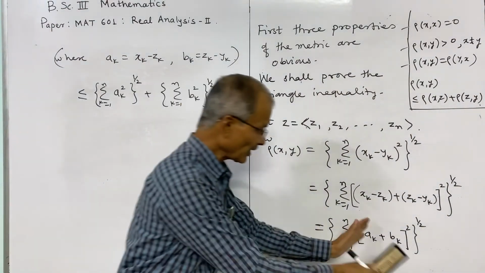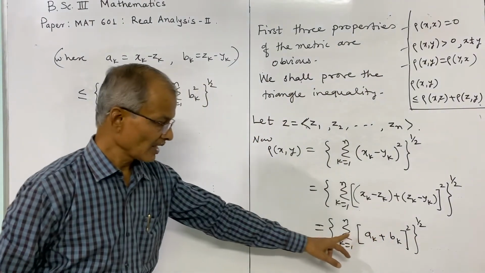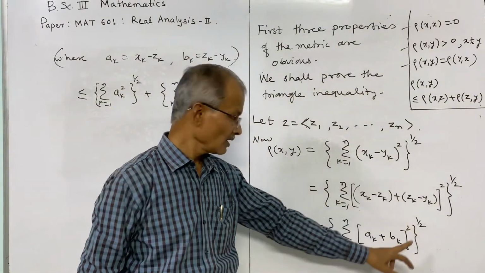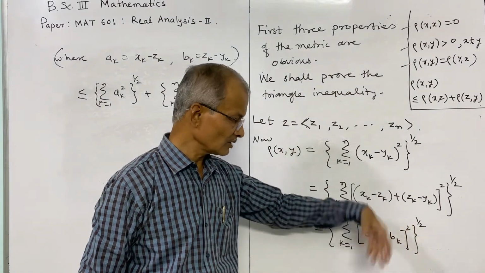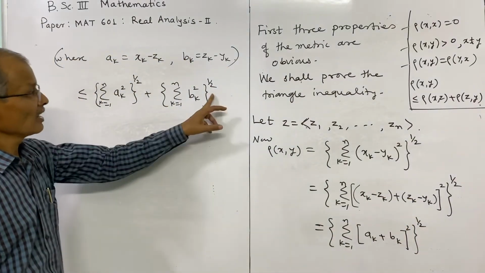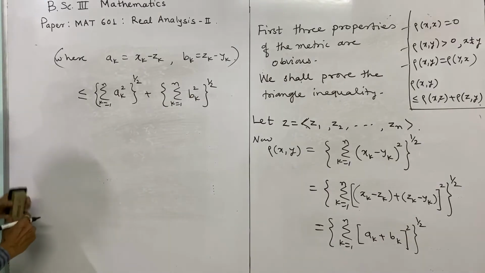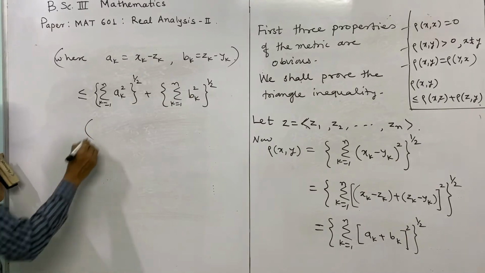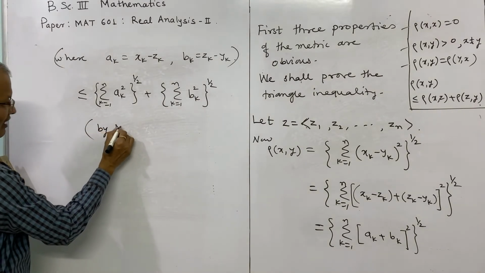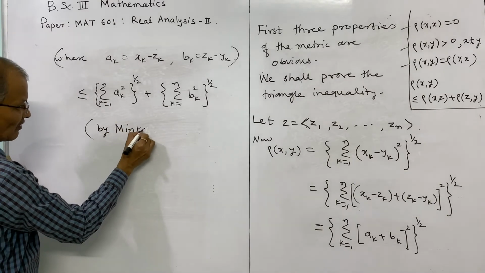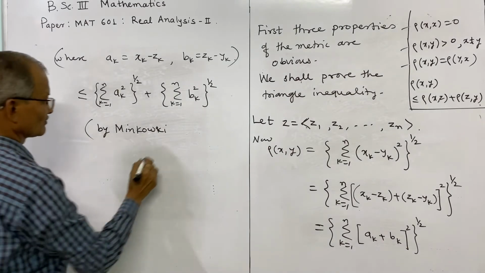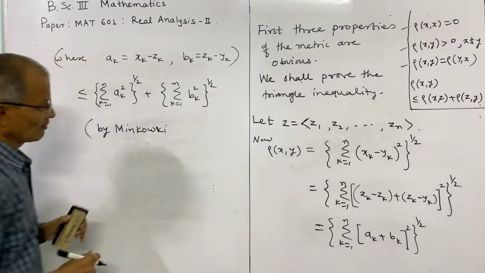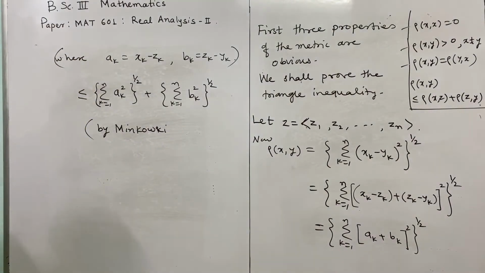Now, if you separate this, sigma ak square raised to half, and again sigma bk square raised to 1 by 2 power. So this is known as Minkowski inequality. By Minkowski inequality.